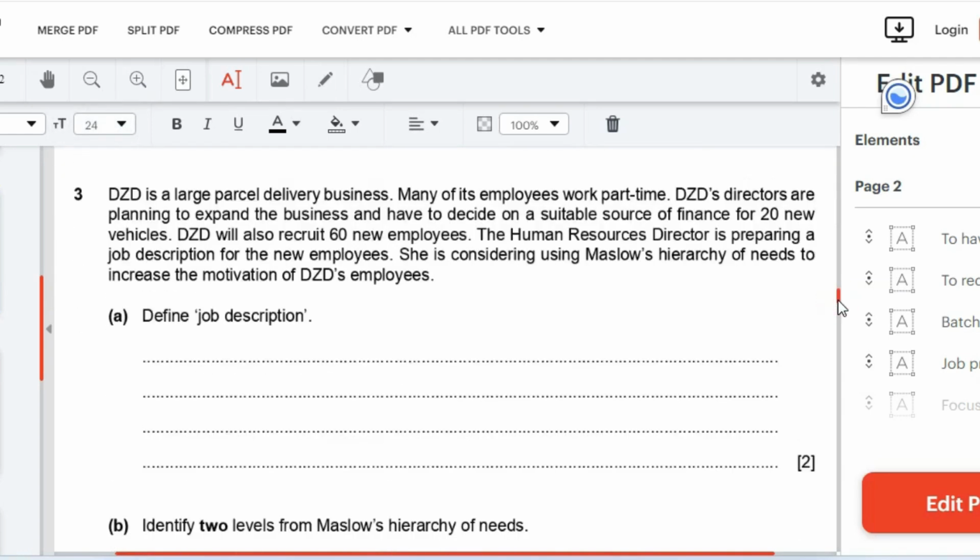Now to the question under it. 3A says we should define job description. What do you understand by job description?